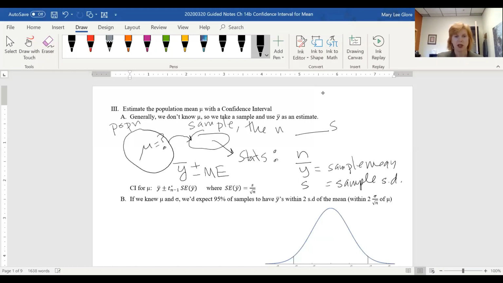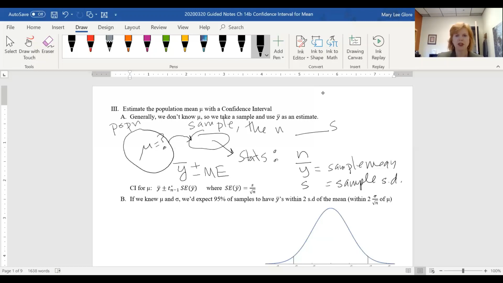It's going to be close to Y bar, but how close? That's that margin of error. And here is our formula for that. So our confidence interval for mu, we take the sample mean, and add and subtract. Now we had a Z star before, we're going to have a T star this time. And we have our standard error, which here is S over the square root of N. So there's my formula, and we're going to go through why my formula looks like that.